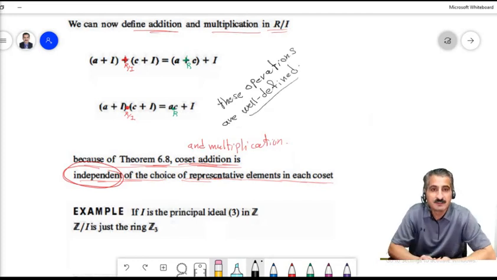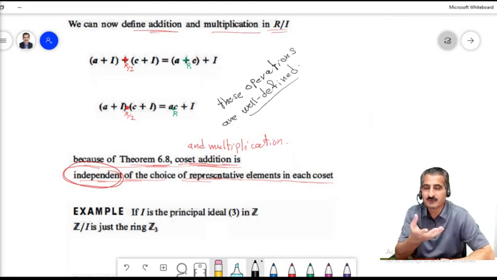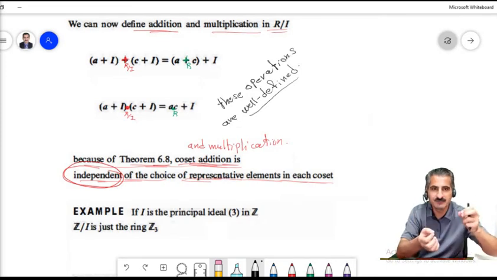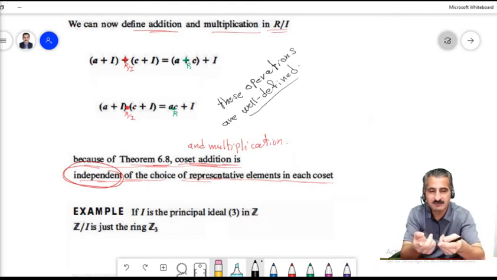Okay, so when you see a well defined expression for an operation, that means the object that you are operating on might be represented differently by different elements. So it does not matter which representative we use for that operation, the resulting object will always be the same.